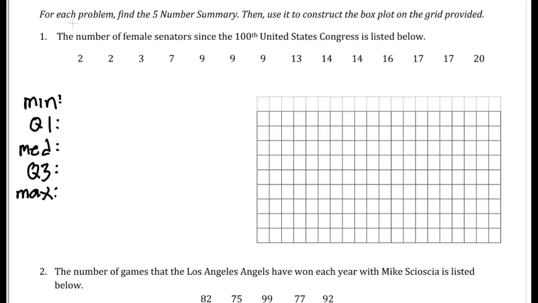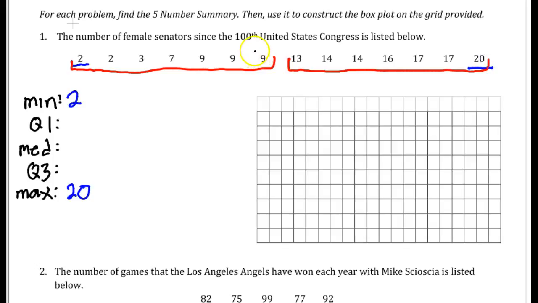Okay. This one's a little bit easier because it's in order already. So min and max, 2 and 20. The median is going to be, let's see here, 1, 2, 3, 4, 5, 6, 7, 8, 9, 10, 11, 12, 13, 14. So I'm going to take the first 7 and the second 7.